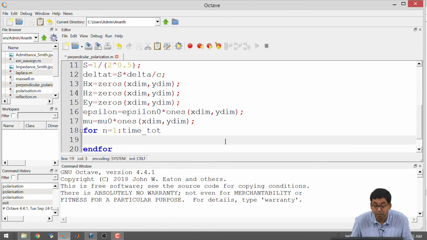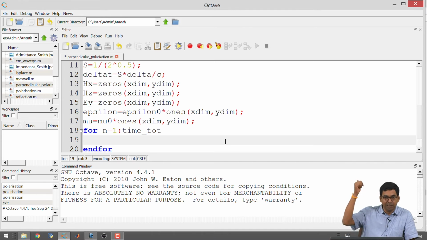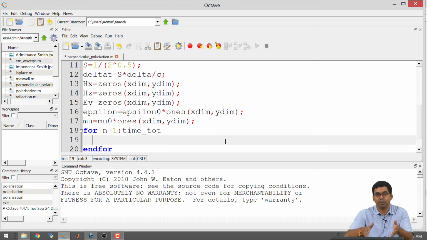Shouldn't it be x dim and z dim? Yeah, you can change it to z dim. Originally, I had written it for x and y direction the way I see on the screen, but actually in our derivation, this direction was positive z, this direction was positive x. So, you can always change it. It is just a detail. Nothing will change. I think after writing the program, we will do a control F and we can change. Maybe that is easy, right.